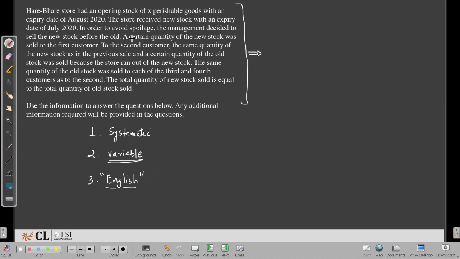So read each sentence once again, understand it very clearly, and spend that extra couple of seconds, 5 seconds, to get a complete understanding of that particular sentence and capture the information in the correct manner. Then we will not make silly mistakes, because whatever mistake we make in the beginning is going to ruin the complete set. So these are the three things: be systematic, be careful about variables, and mind the language. Those are the three things that you should keep in mind.